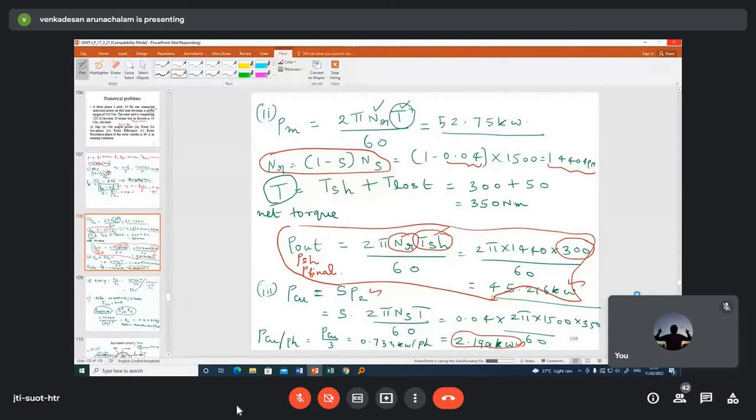Now next we need to find the rotor efficiency. Rotor efficiency is nothing but rotor output divided by rotor input. So what is the rotor output? That is the mechanical power output, Pm. And what is the rotor input? That is P2.